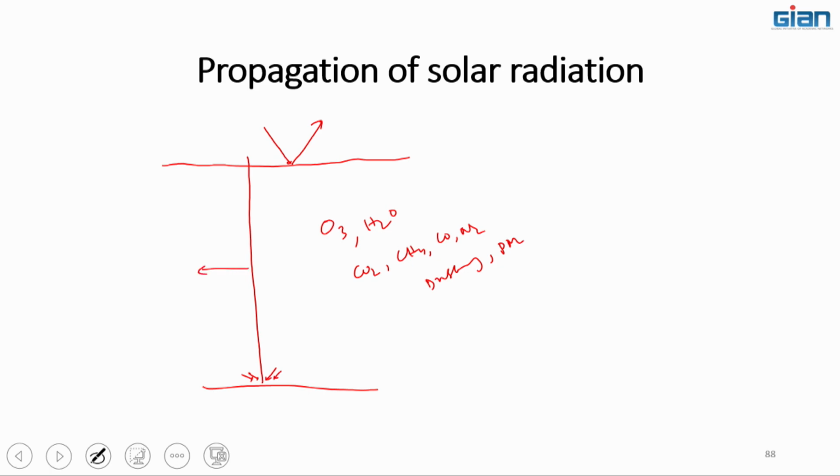So what happens, you will have scattering. Suppose this is a water vapor, so it will scatter.